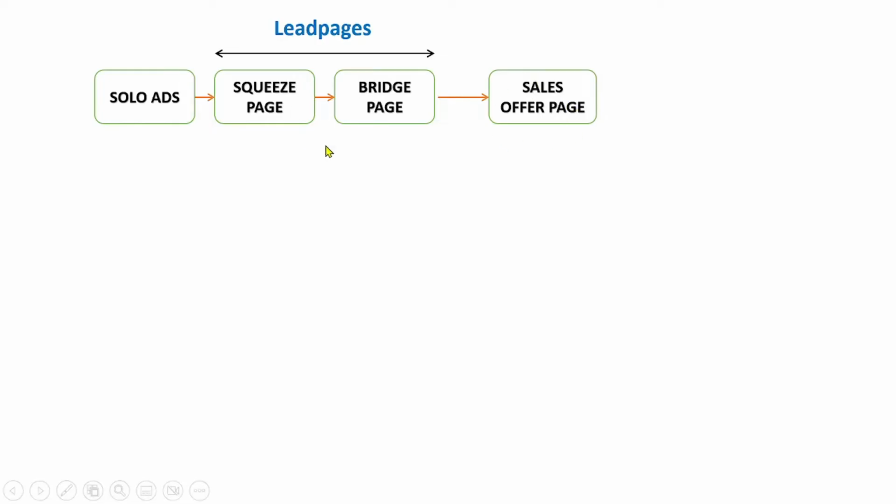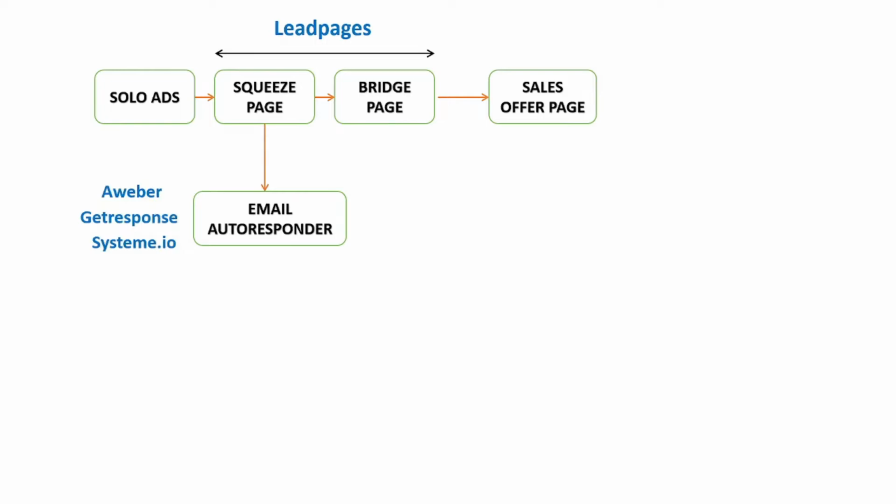Previously to that, we saw the different squeeze page and bridge page, how to build them using Lead Pages software. Now, in this part of this training series, we are going to see the autoresponders, and primarily we are going to see AWeber, Getresponse, and System.io.